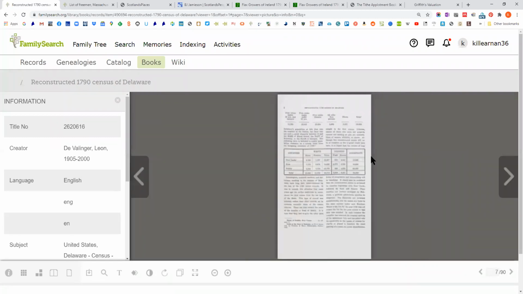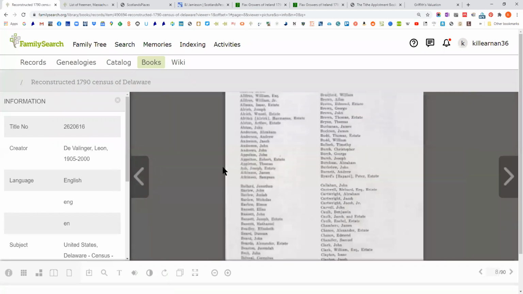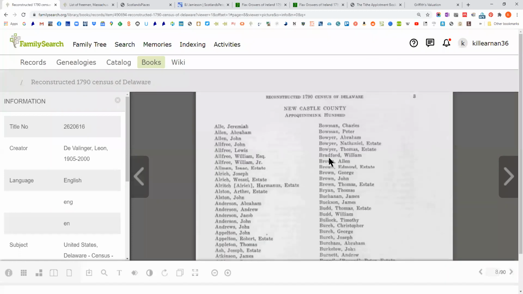And you get explanations. It's always good on these to read the explanations, because that way you have a much better idea of what it does cover and what it doesn't.